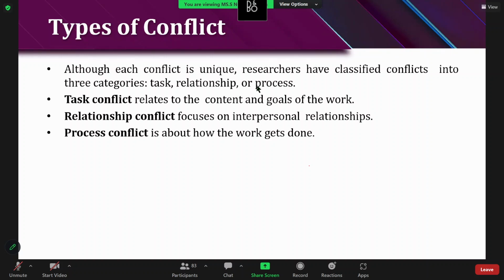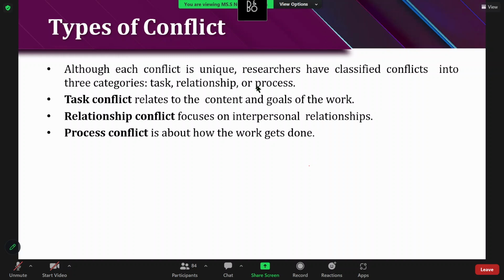Okay, so the second category is the interpersonal relationship, where the conflict arises between the parties because of their personal issues. So relationship conflict is the conflict arising in the interpersonal relationship between the parties.